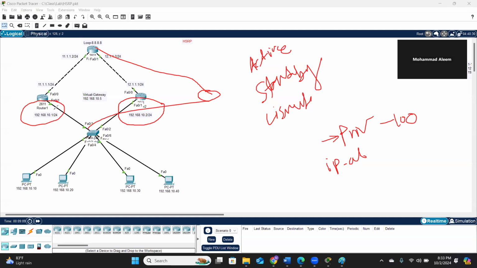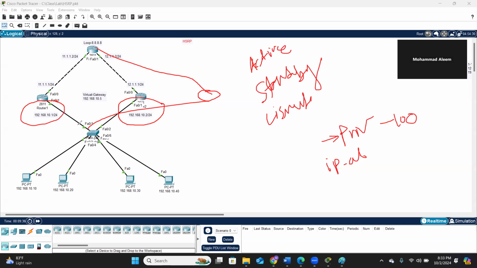After the configuration mode, we have the interface mode. In that interface mode, we configure the HSRP protocol, not in global configuration mode. So in this interface mode, we have two IP addresses: 192.168.10.1 and 192.168.10.2.